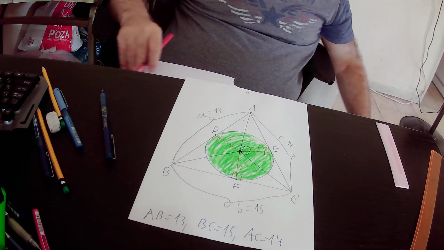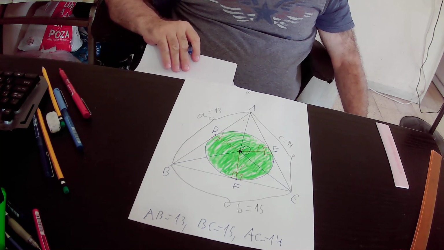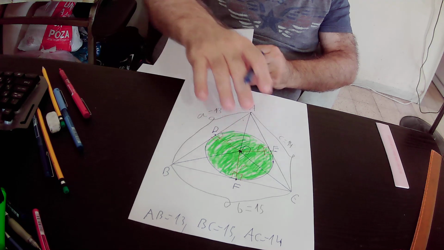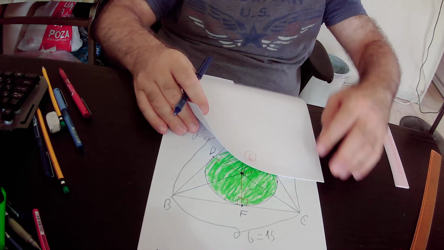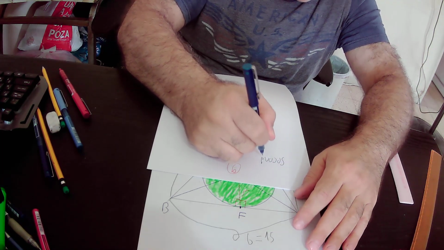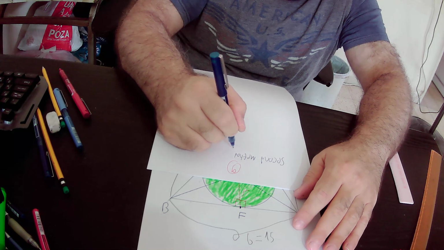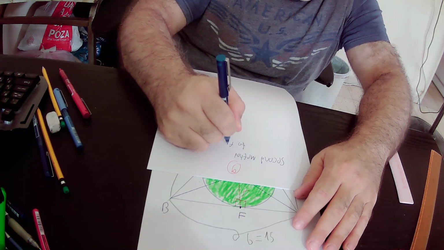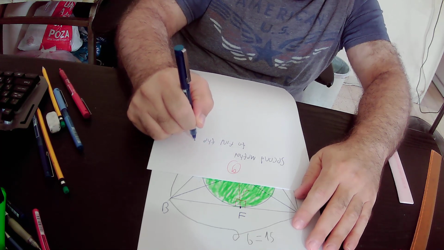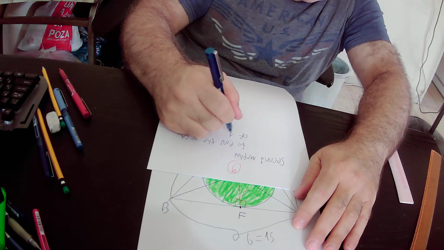Okay, so in the next step, I will present to you a second method to find the area of triangle ABC.